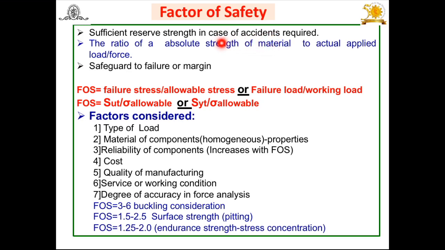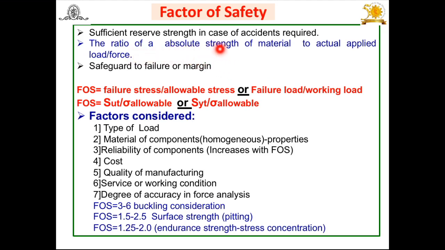That is important. Based on that, the factor of safety is defined as the ratio of the absolute strength of the material to the actually applied load or force, or in other terms, FOS is equal to strength upon stress. Strength is an inherent property of a material. Stress means that at that instant, depending on the loading condition, the stress gets induced in it.